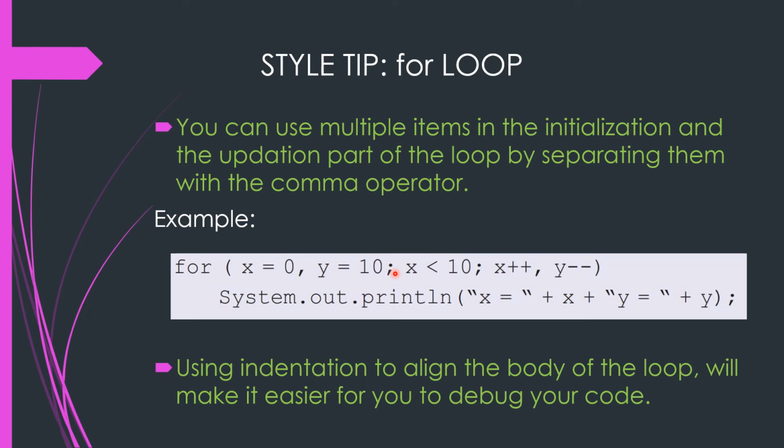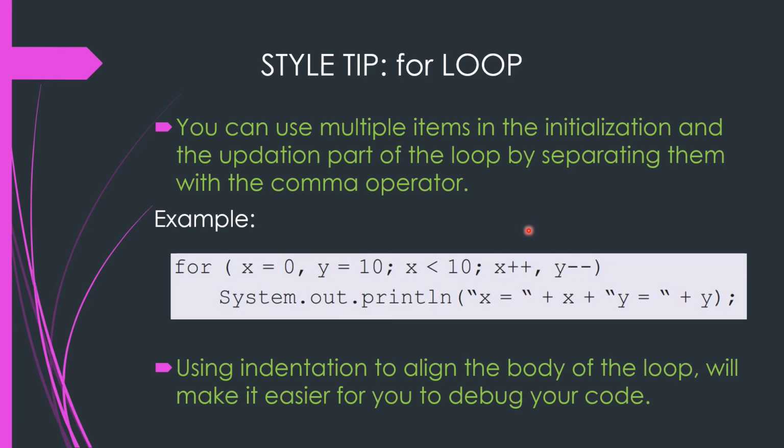But if we want to use multiple items in one part, like multiple values in initialization, then in that case we can use the comma operator to separate them, and then by using a semicolon we can separate the test condition from the initialization, and after that we will again put the semicolon and write the updation part.